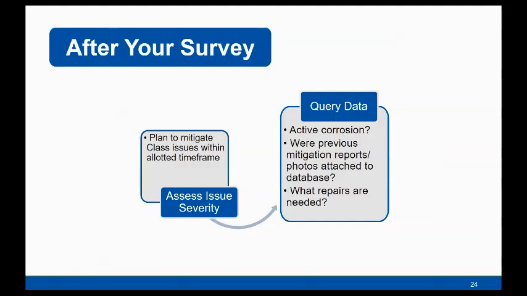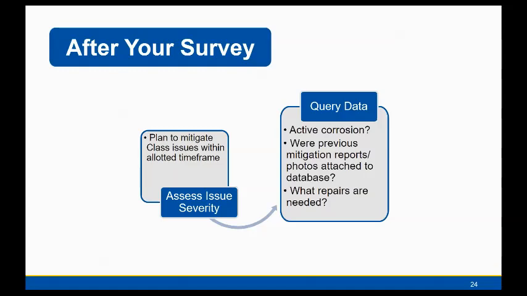After your survey, you've gone and conducted all the survey locations on your list. You're certainly going to sit down with your boss and start a mitigation plan. Some of those are going to be the most severe, and those are going to require mitigation efforts within a certain time frame.